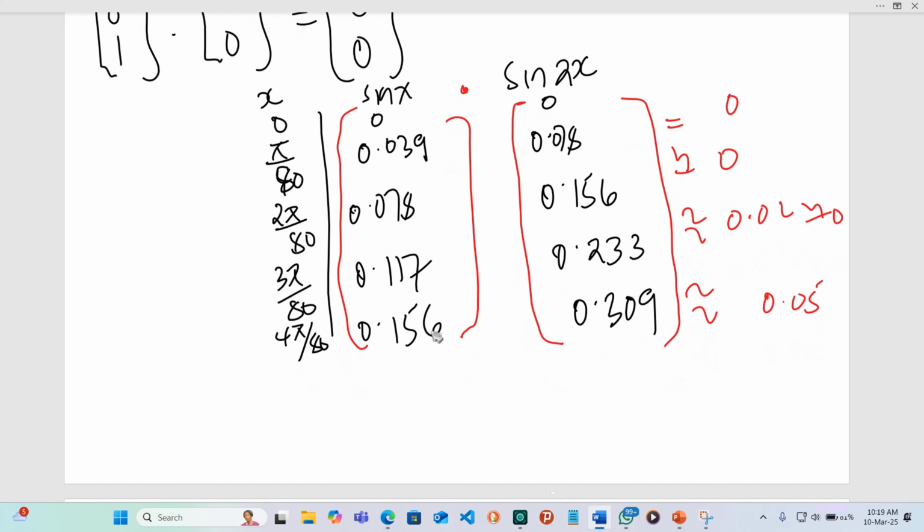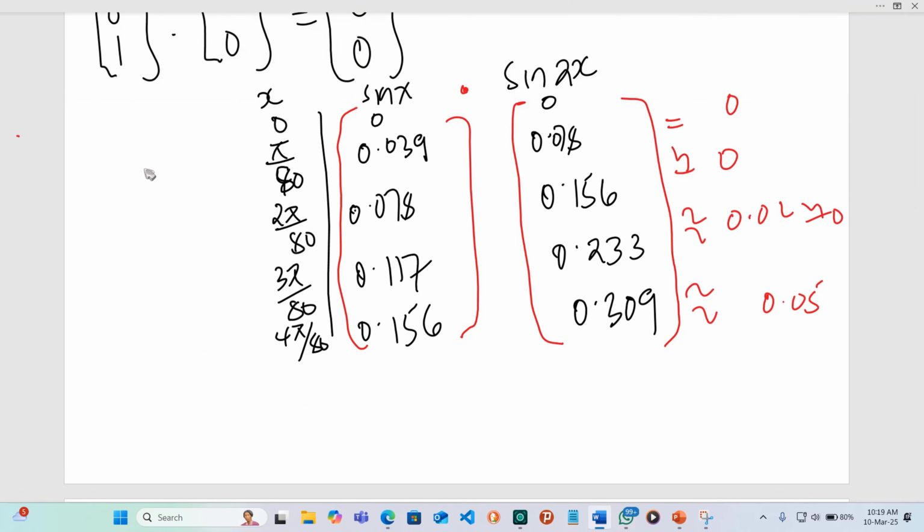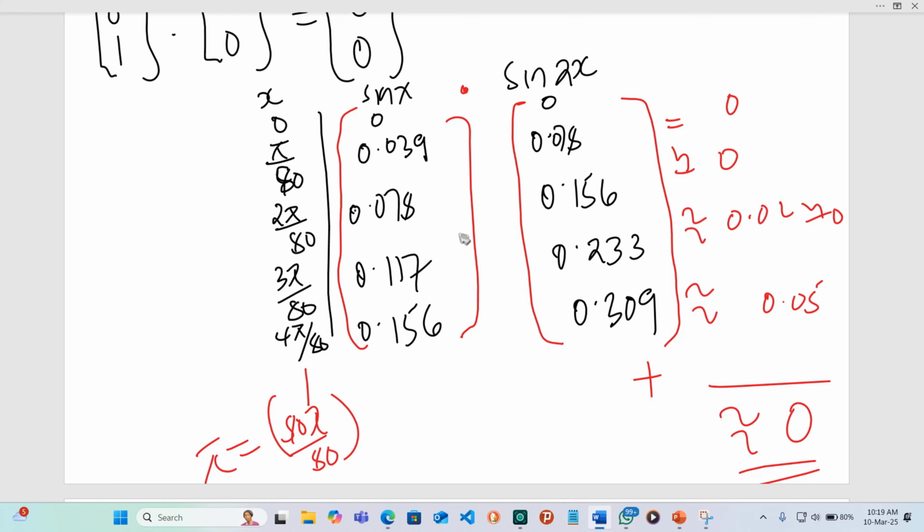So you can see that if you sum all of these up to 2 pi, or you can take it up to 80 pi over 80, so that you have something equivalent to pi, and then continue, and maybe also compute the negative values, then when you sum, the sum will be approximately equal to 0.